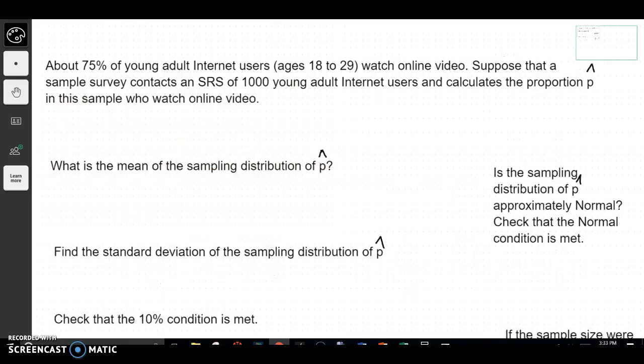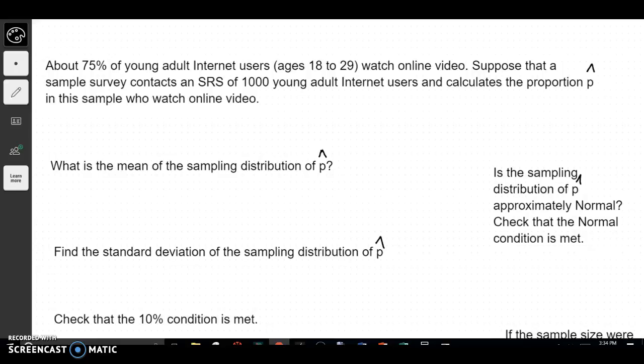Okay, so let's go through a normal problem. It says about 75% of young adult internet users from ages 18 to 29 watch videos online. Suppose that a sample survey tracks a simple random sample of 1,000 young adult users and calculates the proportion p hat in this sample who watch online videos. And so we're calculating this.